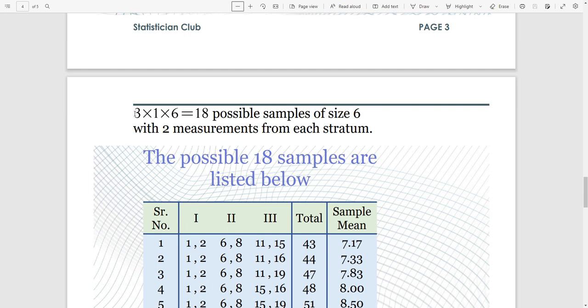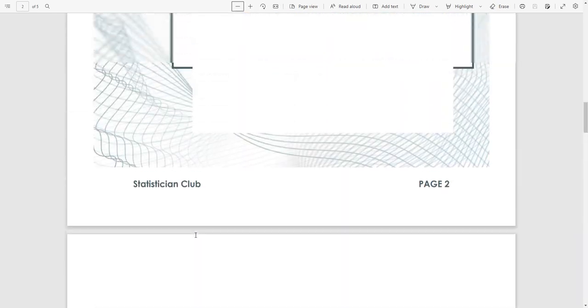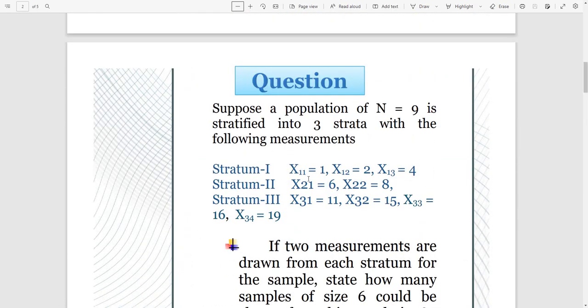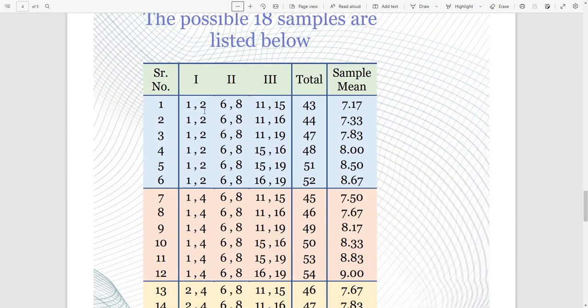The first stratum population is 1, 2, 4. Its combinations for sampling without replacement are 1 2, 1 4, and 2 4, which gives 3 samples.